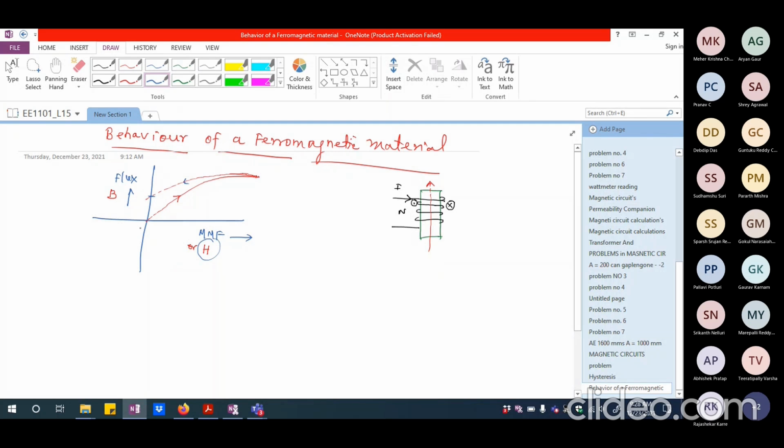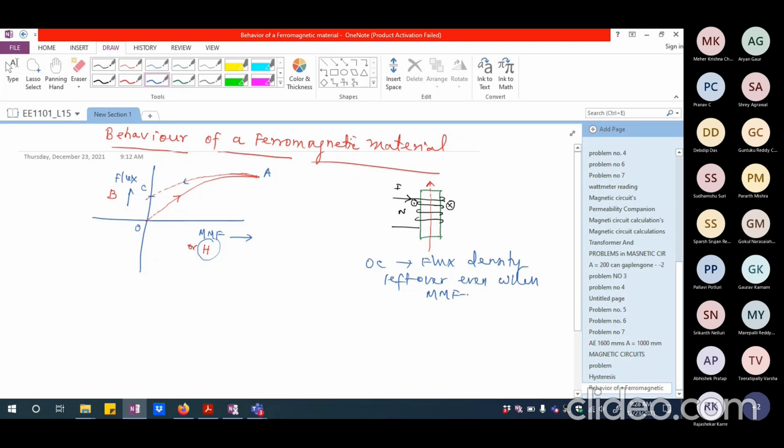So this, if I may call as O, and let me call this as A, and let me call this as C. So I'm going to have OC as the flux density left over even when the current is zero or when MMF is zero.